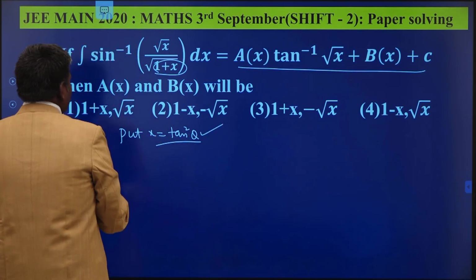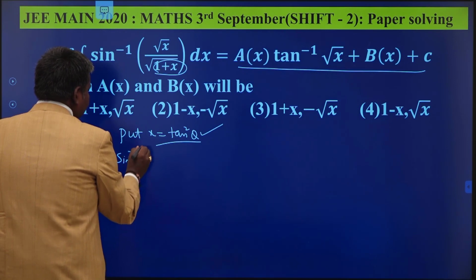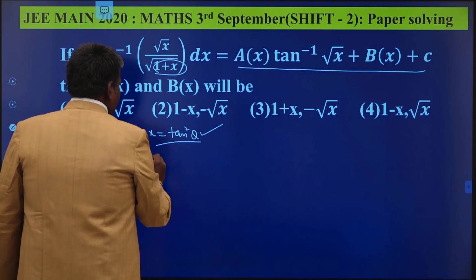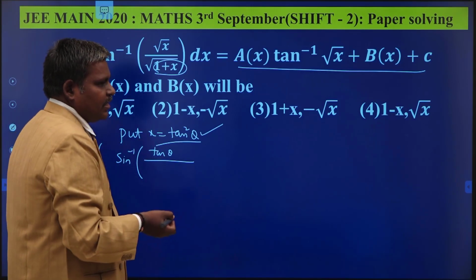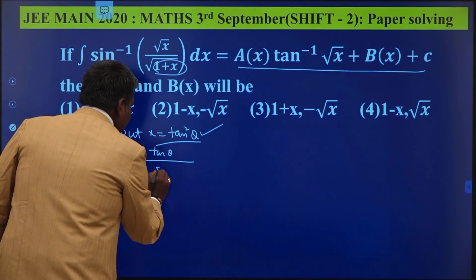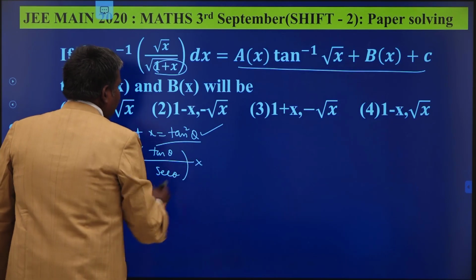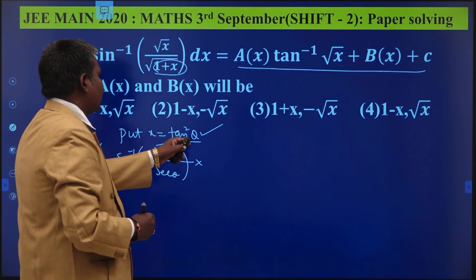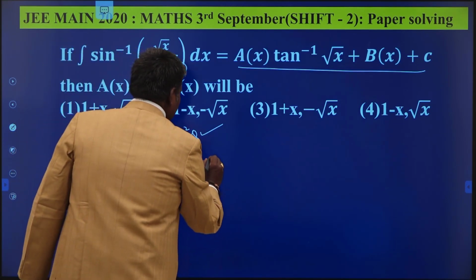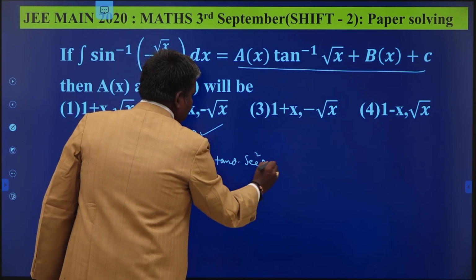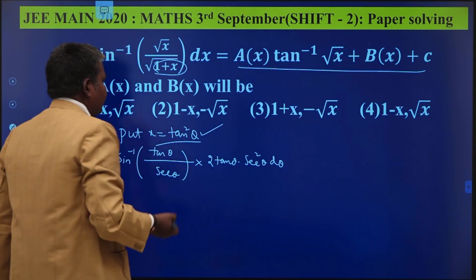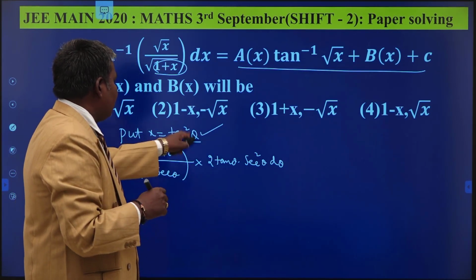So our integration becomes sine inverse of root x, that is tan theta, by root of 1 plus tan square theta, root of secant square theta, that is secant theta, into dx, which is 2 tan theta secant square theta d theta, because the derivative of x square is 2x, treating tan theta as x.